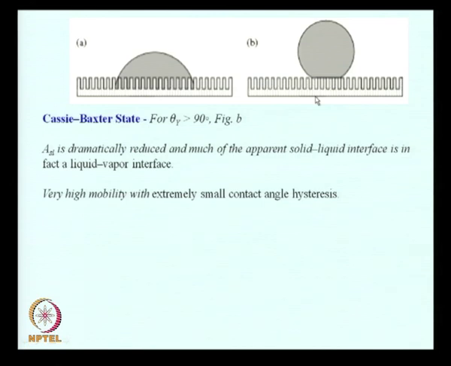And you can well imagine that this reduces the friction between the droplet and the solid surface considerably. So, if the friction gets reduced, then it would be easy to move the droplet from one point to another.